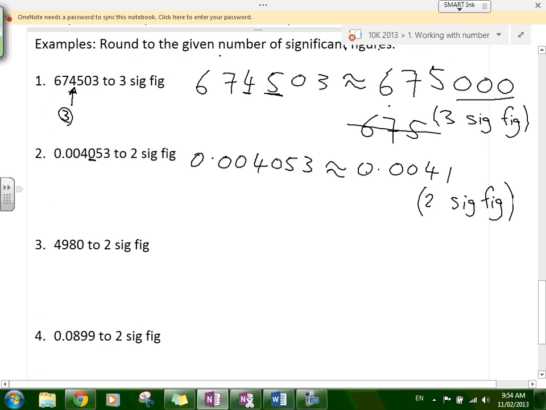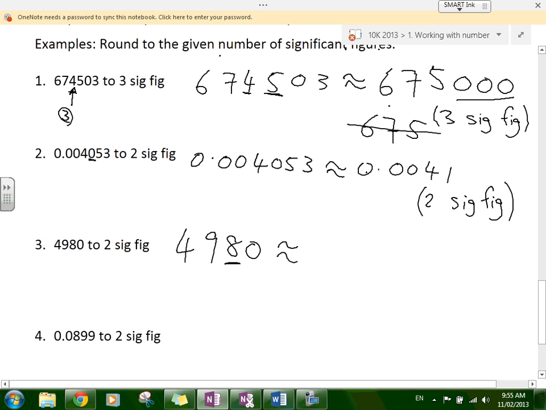I'm just going to do this last one. I won't do number 4. I'm just going to do number 3 to show you something that happens. 4980 to two significant figures. I'll write it out again. 4980. Which is the third significant figure on this one? 8 is the third significant figure. So that's greater than 5. So when it's greater than 5, it's going to round up our second significant figure.